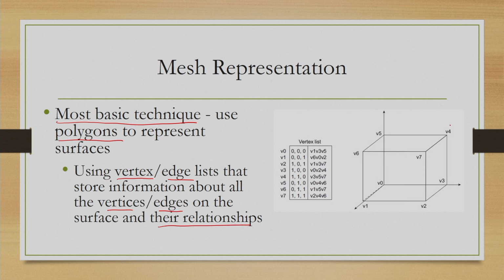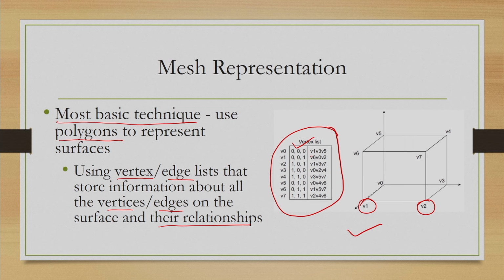For example, consider the figure here. You are representing a cube in terms of its vertices V1, V2 and so on up to V7. So, there are 8 vertices, and this one is the representation where we are storing the vertices with coordinate values and some other values capturing the relationships.